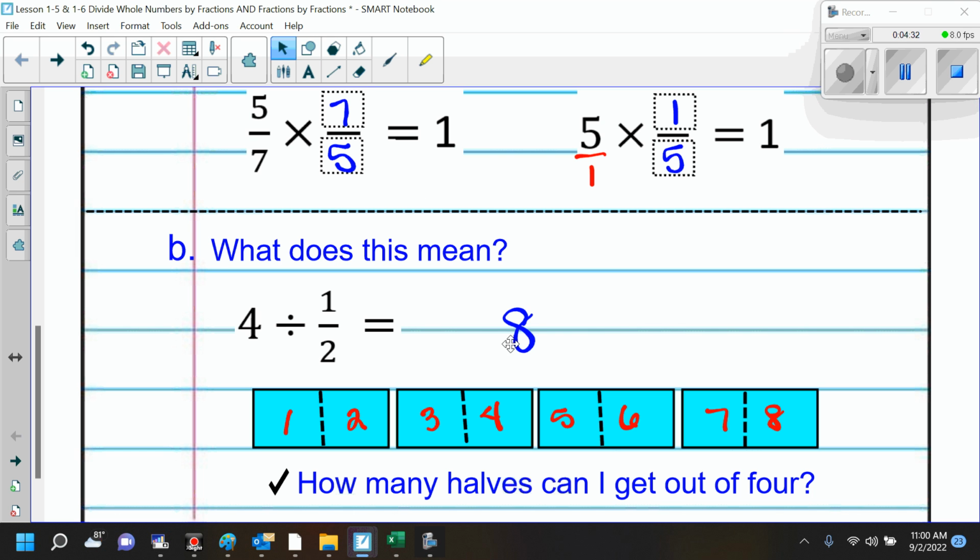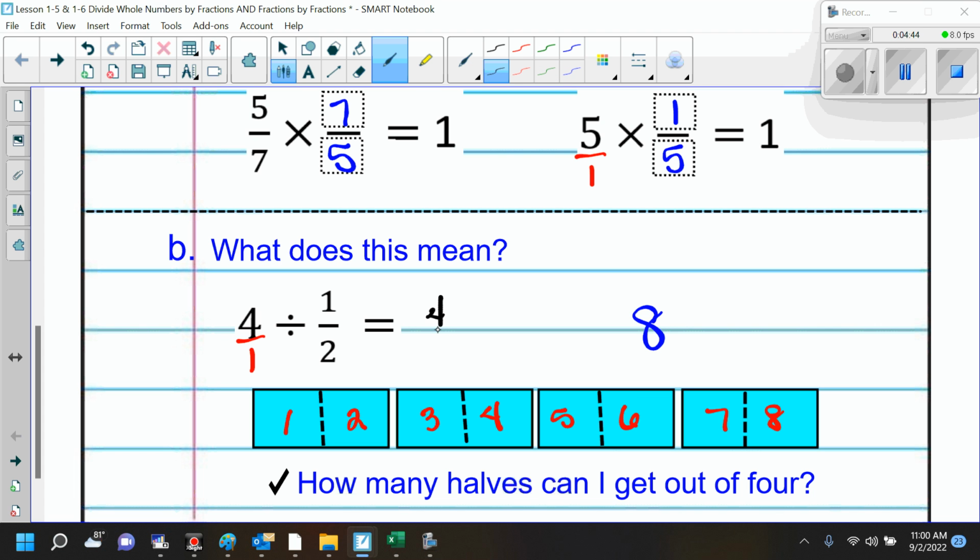Let me see if I understand this correctly. We're going to multiply, let's just put this 4 over 1, okay? So 4 over 1, we want to multiply times 2 to get the 8, right? So that's going to be 2 over 1, and that's going to give me the 8 that we said.